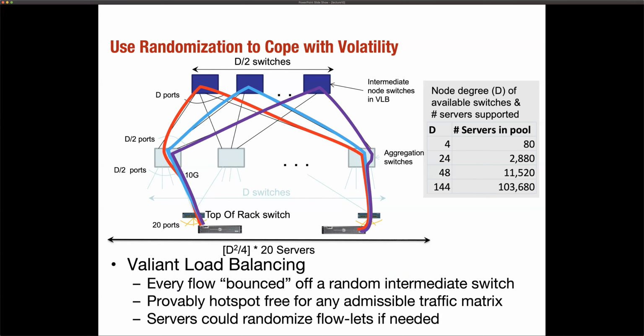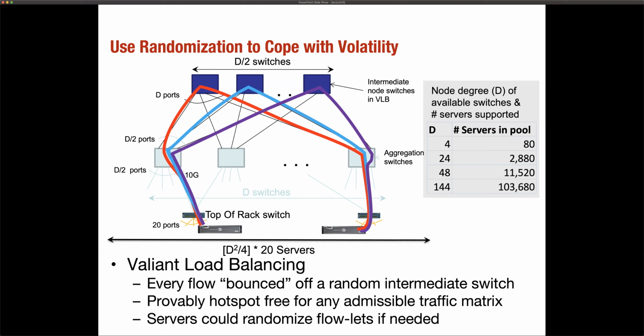And what it does is that it uses randomization to cope with volatility, right? Because we can't really predict how the traffic patterns are going to be in the future. So rather than making a smart traffic engineering decision about which path a particular flow should be taking, it just makes a random decision, right? Every hop is making a random decision.